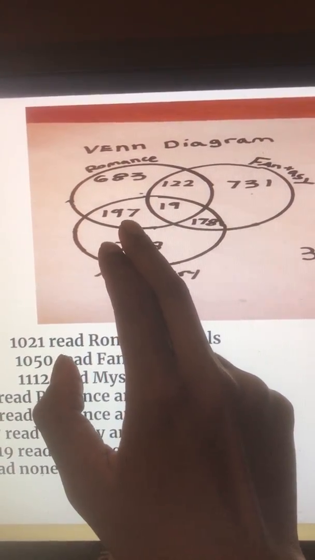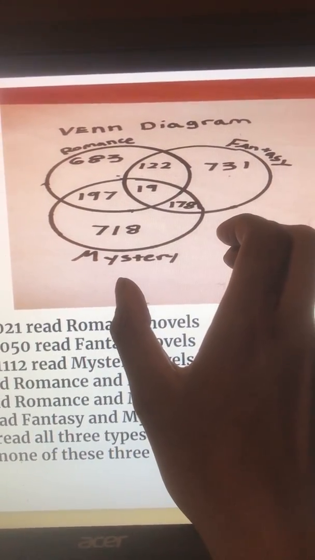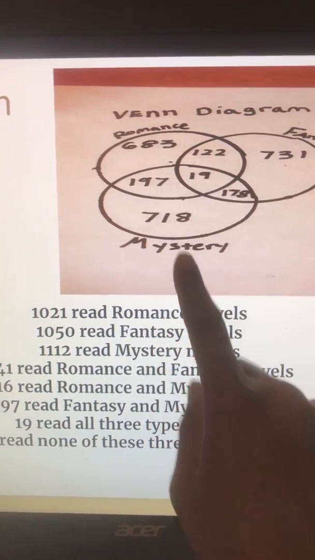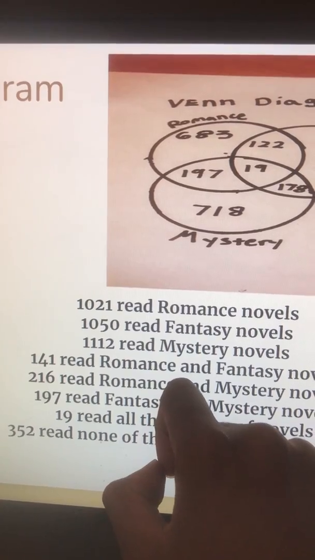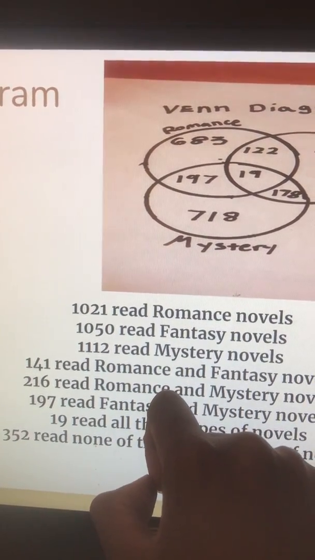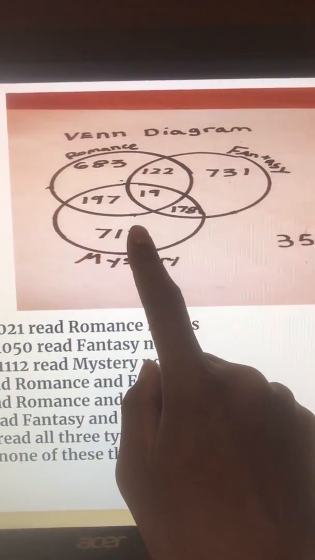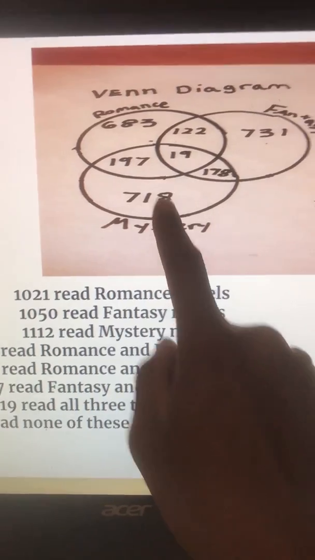And after that, I started filling in the outer circles. I did the mystery category first. People that read mystery novels were 1,012, and I subtracted 197, 19, and 178 for the 3 categories, and got 718.